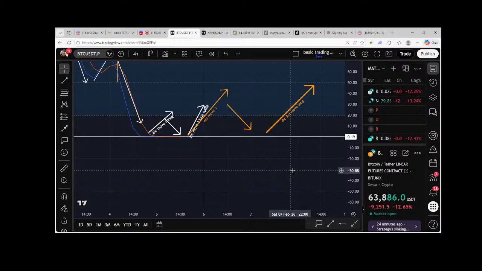Once you find a strategy, then you have a system and a strategy, and that's what you do.